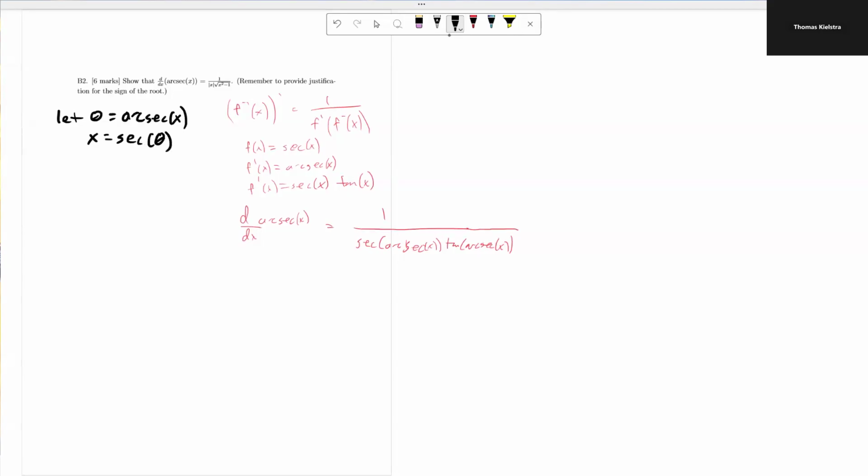Now, with x equaling secant theta, if we try to create our graph for the positive values of x, for x greater than or equal to 0, this is fine. Secant is hypotenuse over adjacent. We get x over 1, and we're fine, and we can complete our triangle, x squared minus 1.